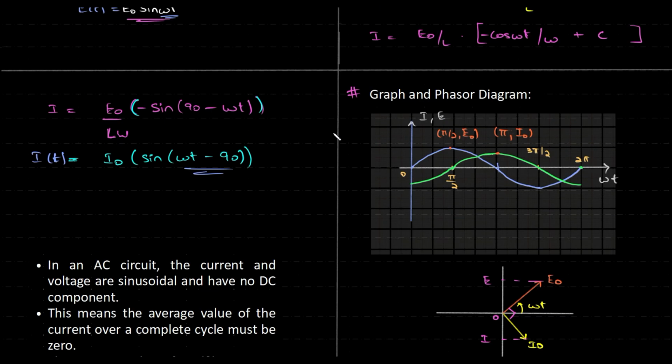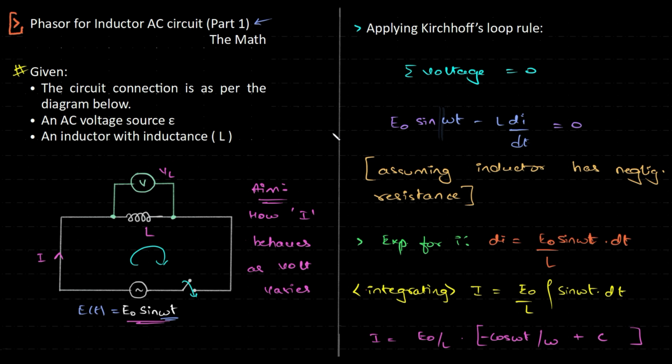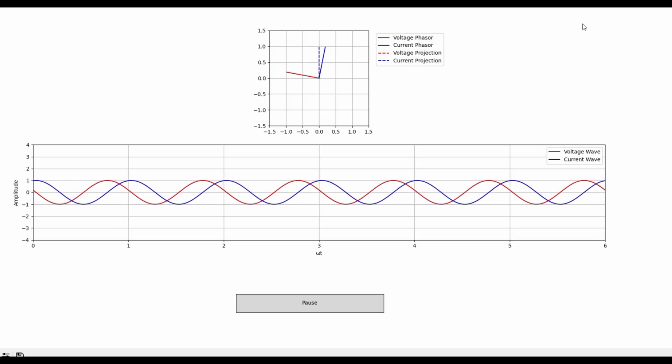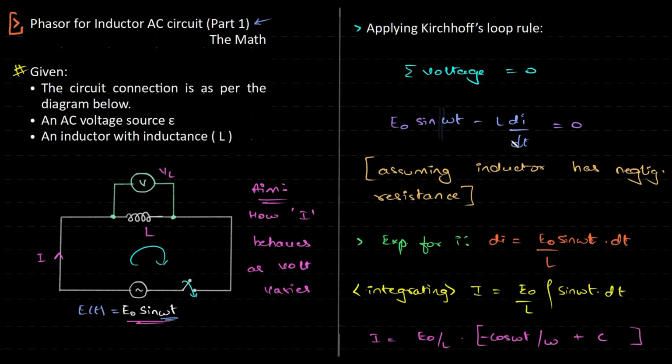While in a purely resistive circuit, what happened? They were in phase, as in when you change the voltage, the current in the entire circuit responded quickly. There's no delay. But here there is a delay in response. That's it, something like this. Okay, and now you guys can have a look.